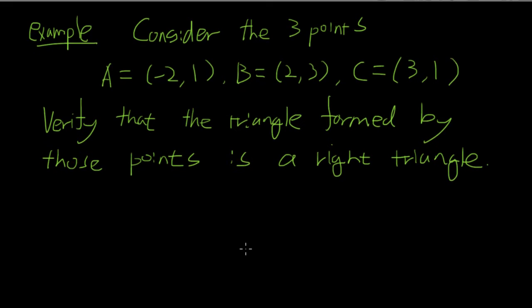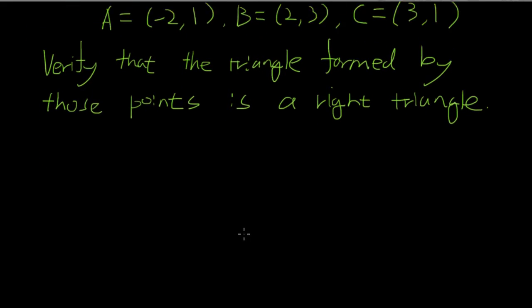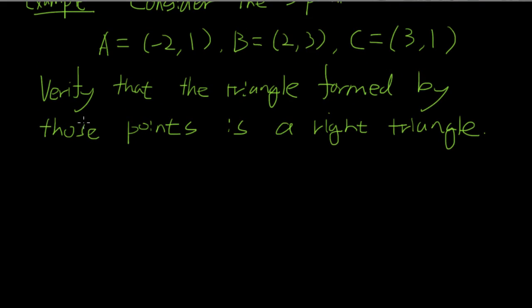Even though they don't ask us to graph it, I think it's a good idea to actually graph these 3 points, just to have some general idea. So let's see. Yep, like that. A little bit better. So on -2, say 1, 2, 3.